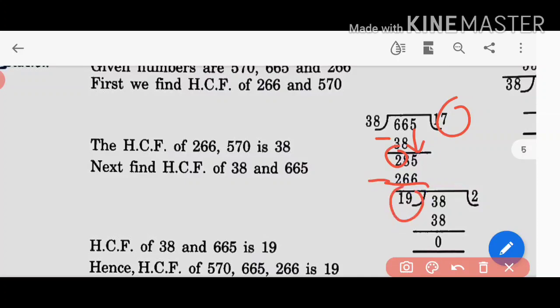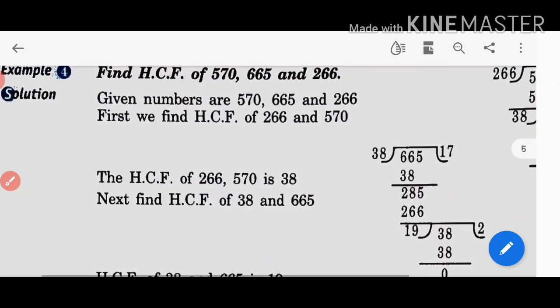Here we have not taken 285 inside as the divisor because first we have to divide all 3 numbers. After dividing only, you have to take 38 inside. So you can see that 665 is divided 17 times. Now the remainder is 19 and we did not get the remainder as 0.